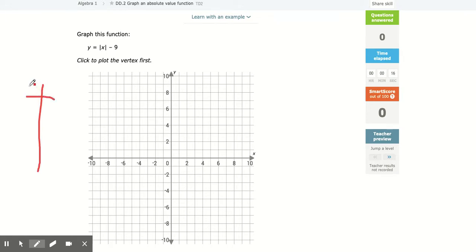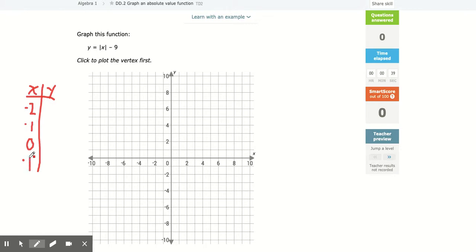You want to find values of x that are close to the origin, and then find the corresponding value of y. So let's try -2, -1. If you don't know which values to pick, you can pick different values, but ones very close to the origin are usually good.